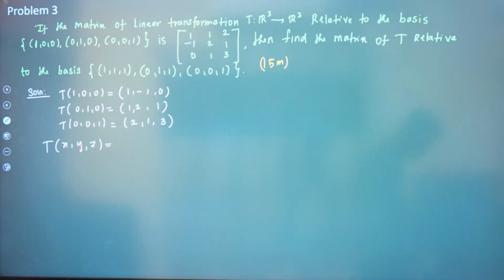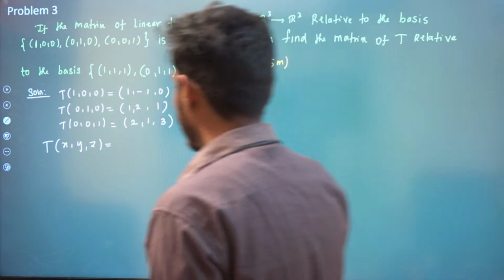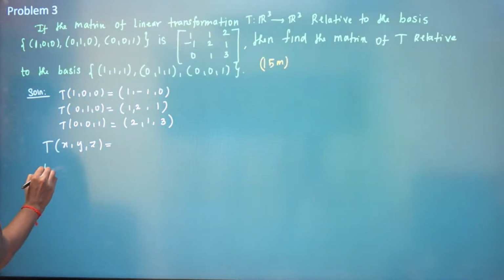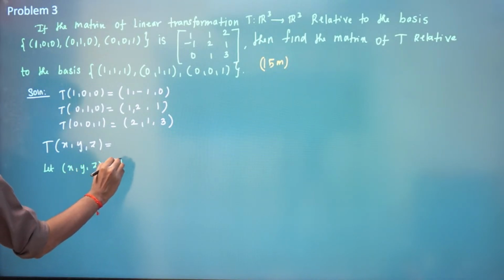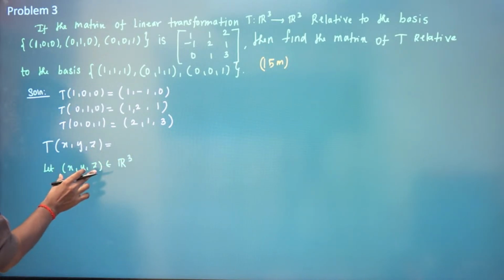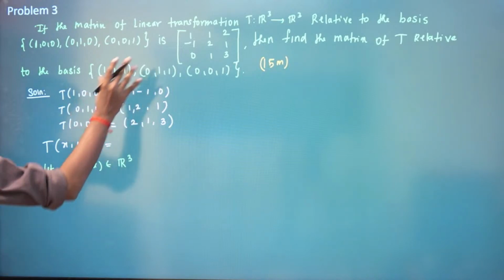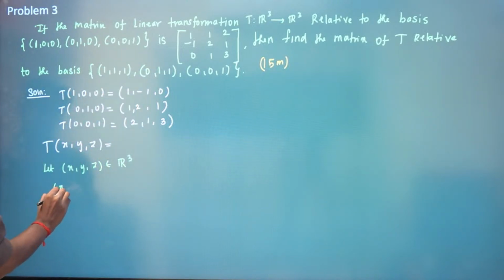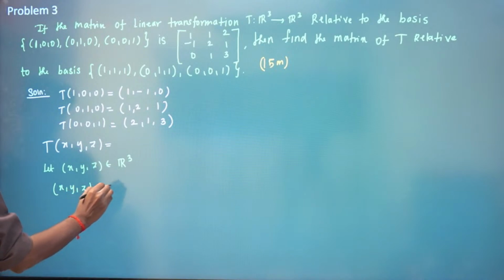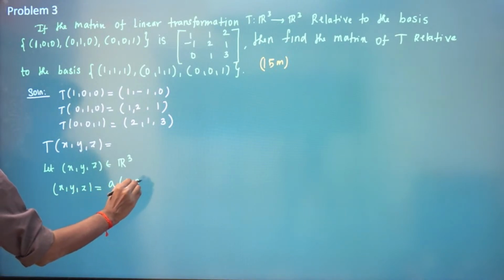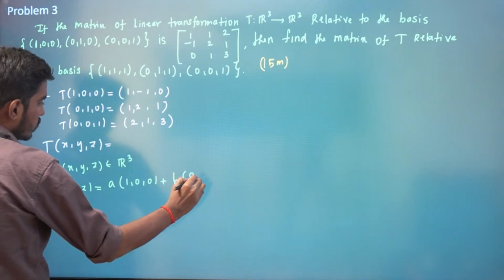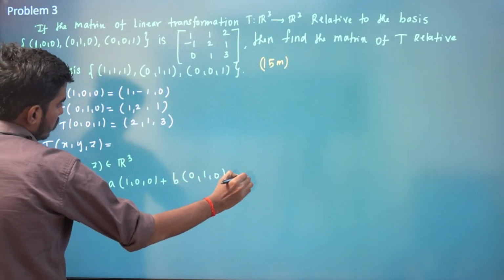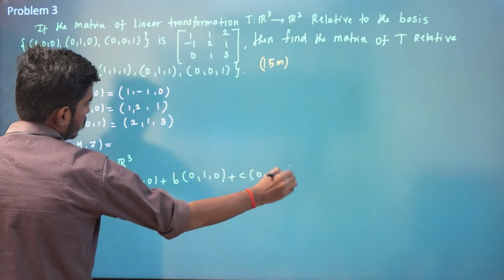Okay. Now let us take some vector. Let (x, y, z) belong to R3. So that means any vector can be written as a linear combination of basis vectors. That means (x, y, z) can be written as a times (1, 0, 0) plus b times (0, 1, 0) plus c times (0, 0, 1).